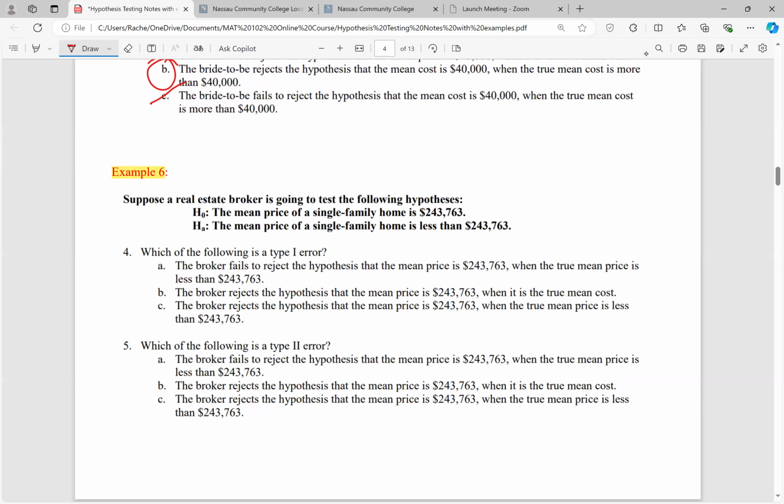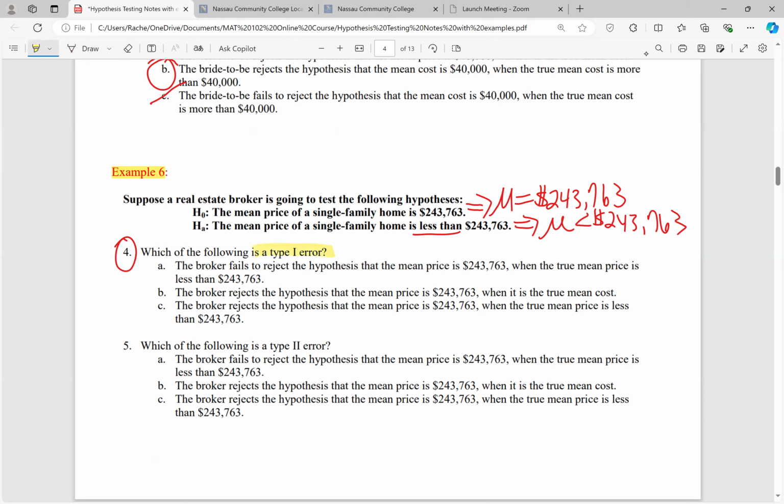So I'm just going to write this using symbol notation, just easier sometimes. So mu is equal to 243,763. And then the alternative is that the mean price of a single family home, so that mu is less than 243,763.